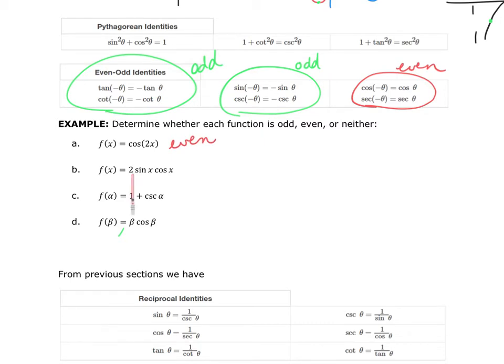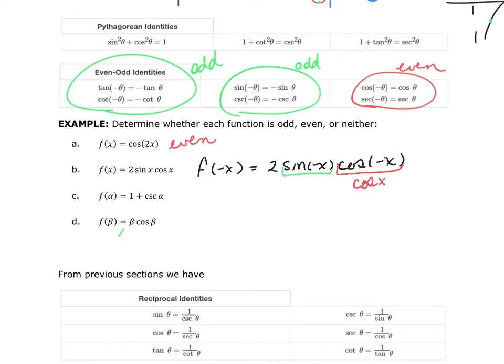Now, with this, we have a mix, so I really probably should go through the process of putting in a negative x. So f of negative x is equal to 2 the sine of negative x, and then the cosine of negative x. Now we know that cosine is even. Because cosine is even, this is just going to be the cosine of x.